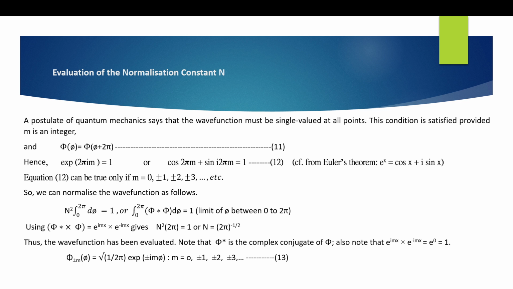The normalization should yield unity. So we have taken up this principle to normalize the equation and get the value of the normalization constant. We determine N equal to 1 upon root 2 pi. Therefore, we can write the phi part of the wave function as equation 13.